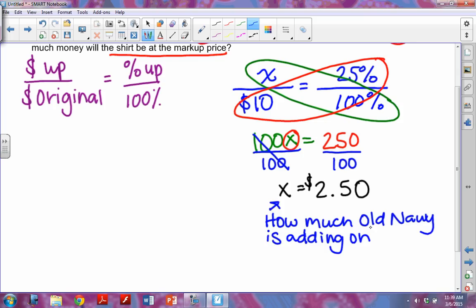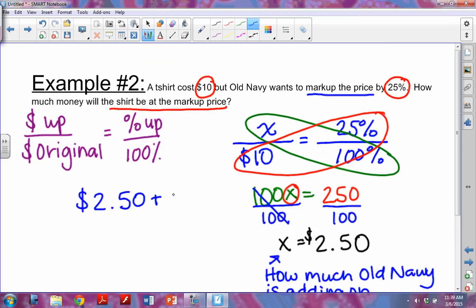So what I'm going to do is take how much they're adding on, the $2.50, and add that to what the original price of the shirt was, which was 10. When I add $2.50 to the 10, I get a whopping total for the shirt to be $12.50.